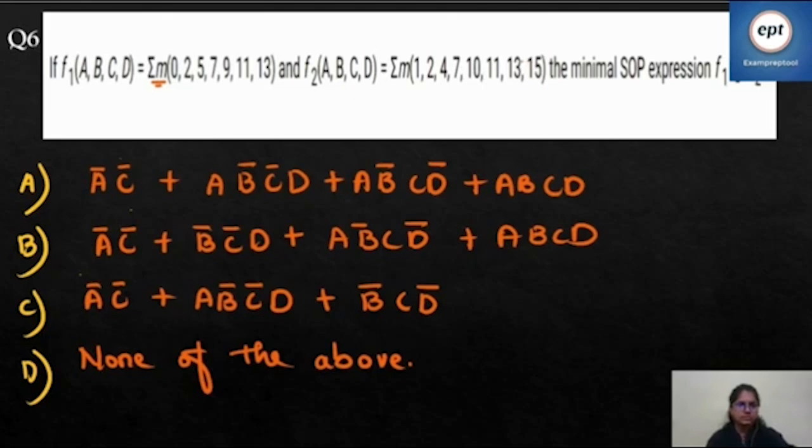After that, they are saying to do XOR between F1 and F2. So what will the minimal SOP expression be if you do XOR on F1 and F2?